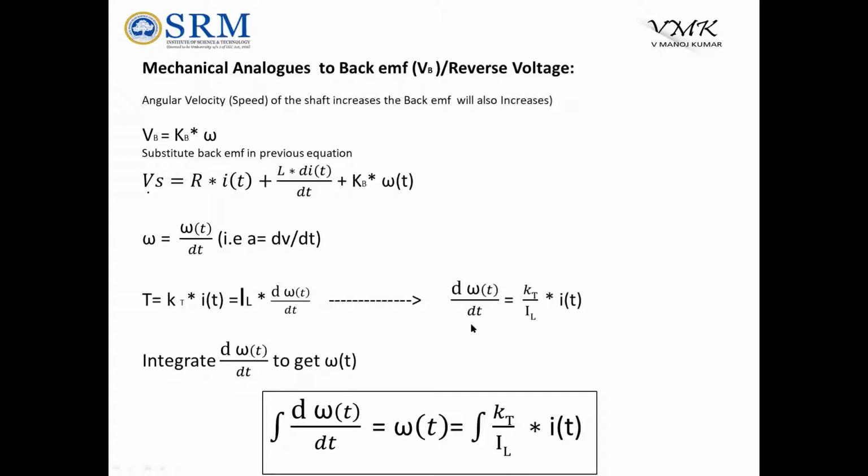When I integrate d omega of t, what will I get? I will get omega of t. So to find my omega of t, I integrate d omega of t by dt. So omega of t is equal to the integral of KT by IL into I of t.